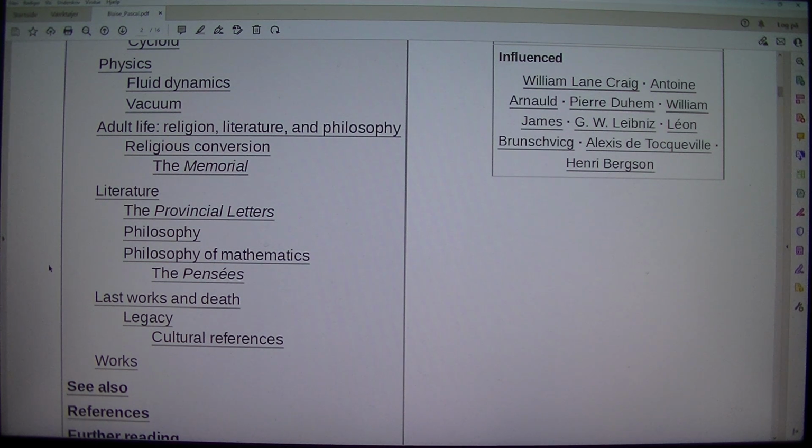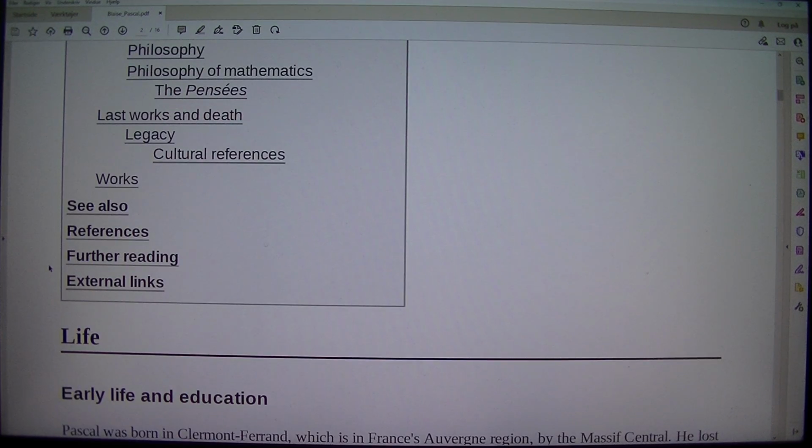Religious Conversion, the Memorial. Literature, the Provincial Letters. Philosophy, Philosophy of Mathematics, the Pensées. Last Works and Death. Legacy. Cultural references. Works. See also.